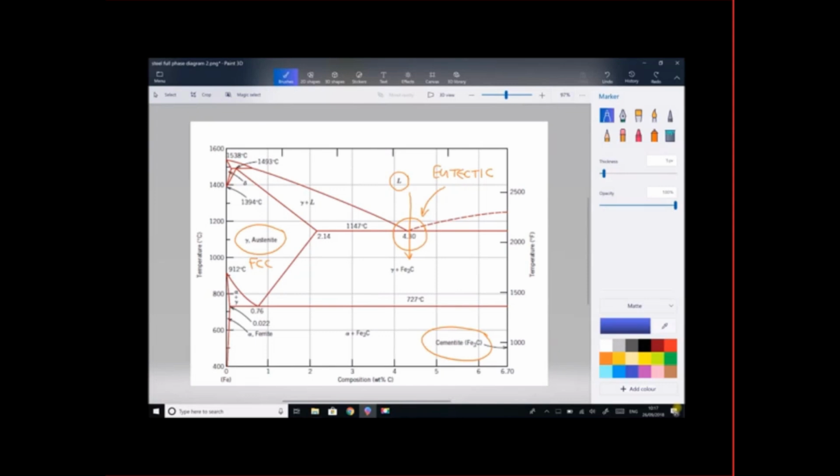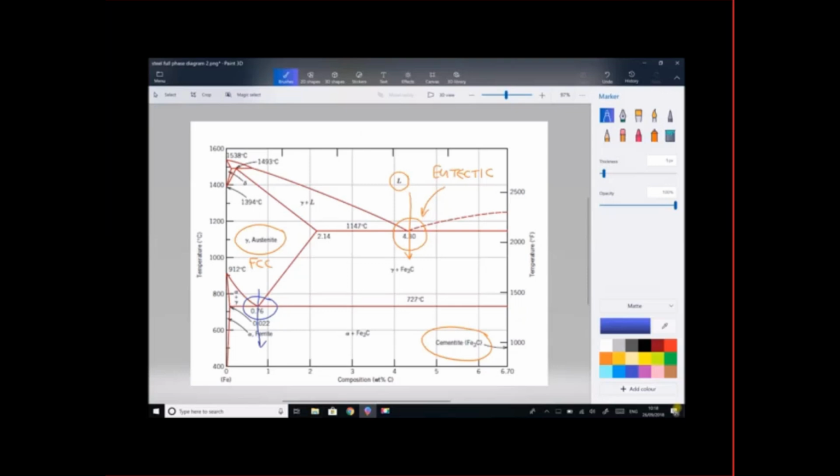Now, the other point of interest is at much lower carbon contents, and the point of interest is this point here. What we notice happening at this point is we have gamma austenite, the face center cubic steel, transferring directly into alpha steel and Fe3C, cementite or iron carbide.